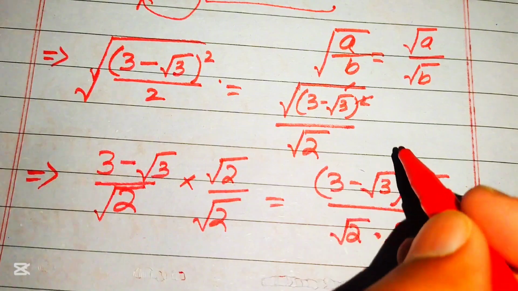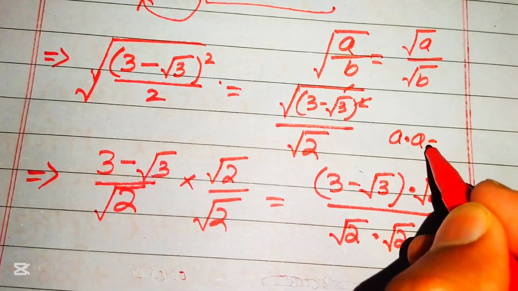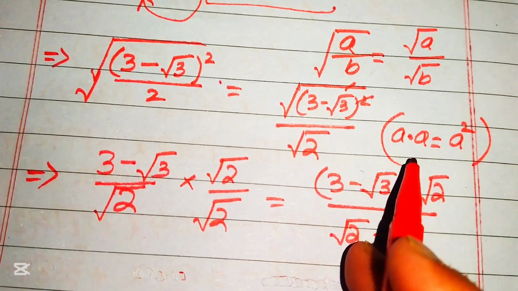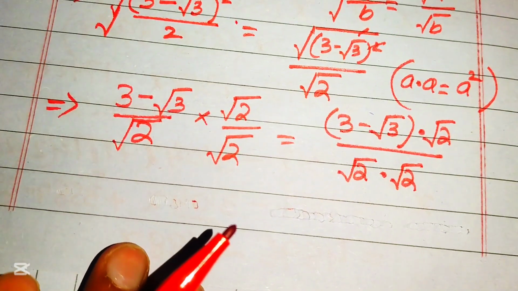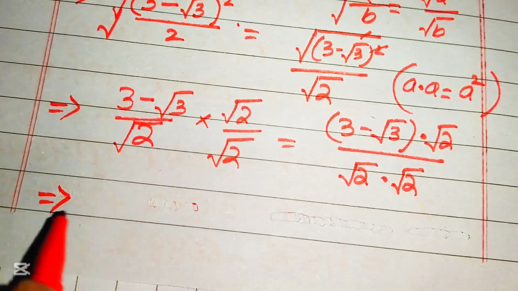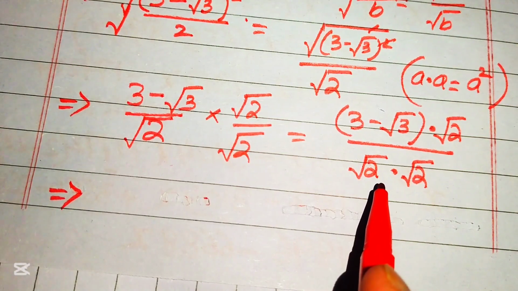So we know that if you multiply two same numbers, it means that if you multiply a with a, it is equal to a squared. According to this rule, when you multiply square root of 2 with square root of 2, we write it as square root of 2 whole squared.